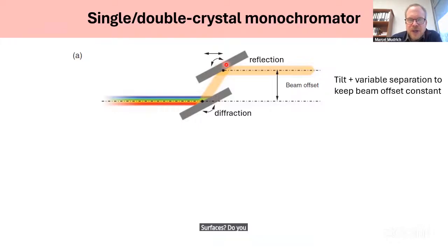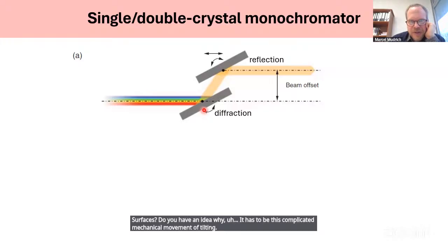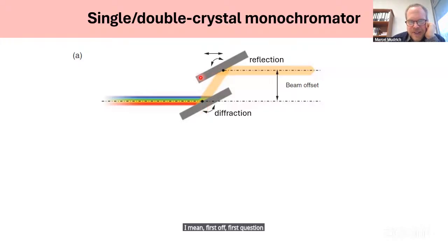Do you have an idea why it has to be this complicated mechanical movement of tilting? I mean, first question, why would you place a mirror or a second crystal parallel to the first one? And then why would you move these two components in this correlated manner?